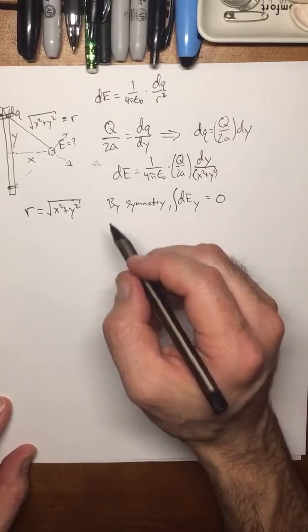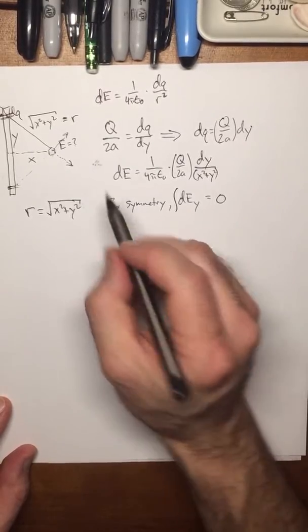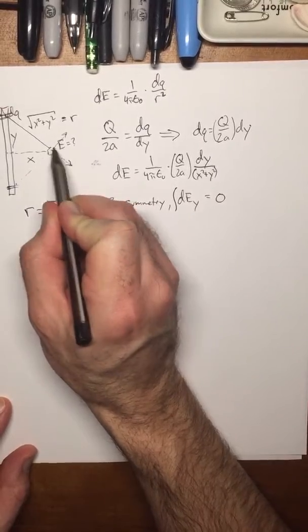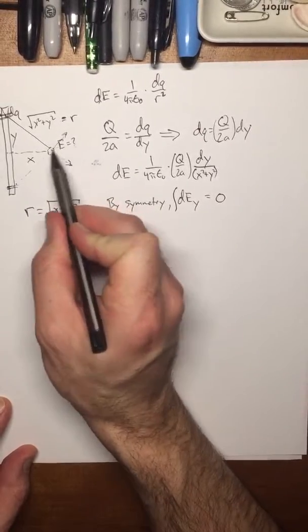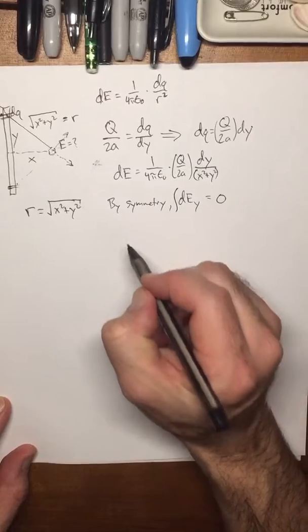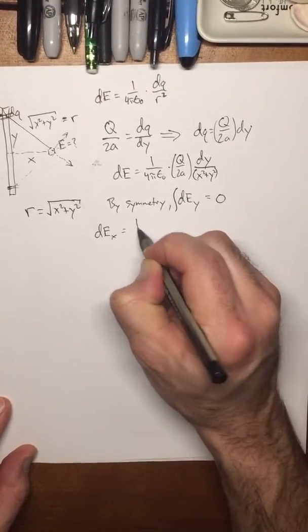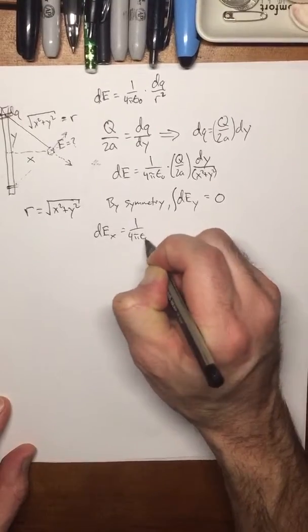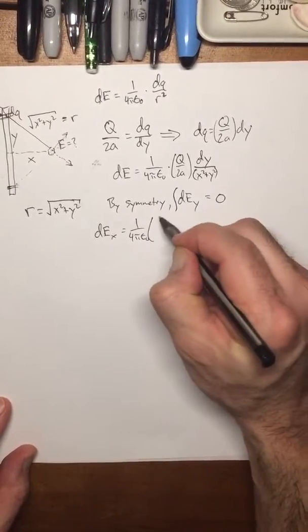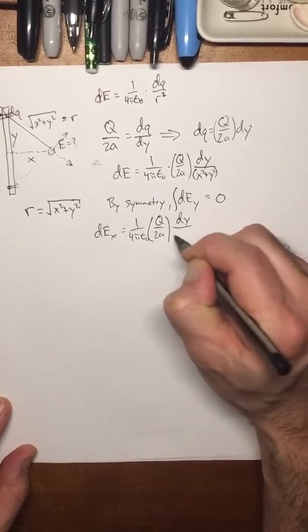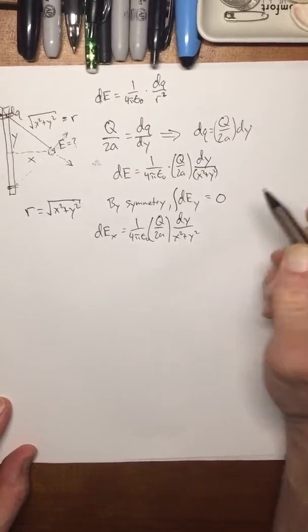All right. However, in the x direction, coming out this way, these components in the x direction don't cancel. They're all directed outwards. So we end up with an expression dE for the x direction equal to 1 over 4 pi epsilon naught, just copying this down, q over 2a dy over x squared plus y squared.